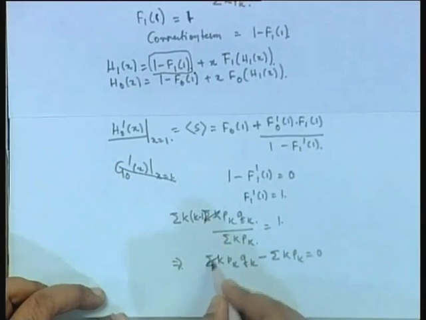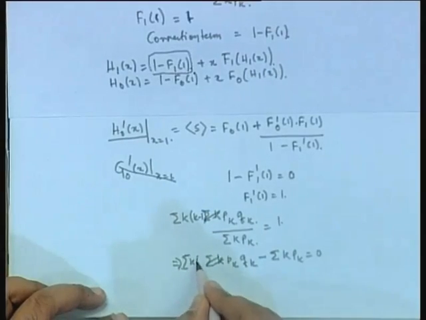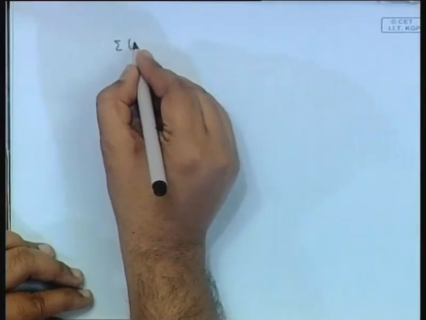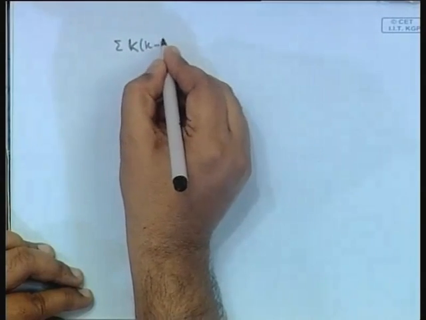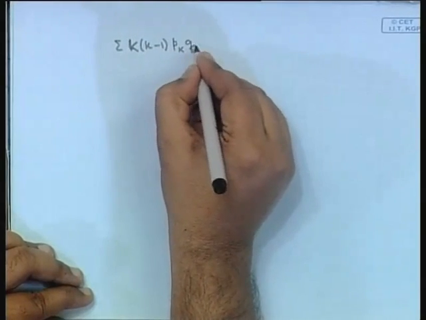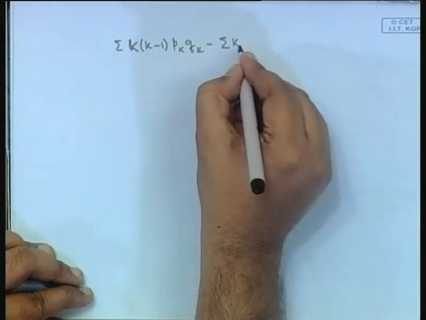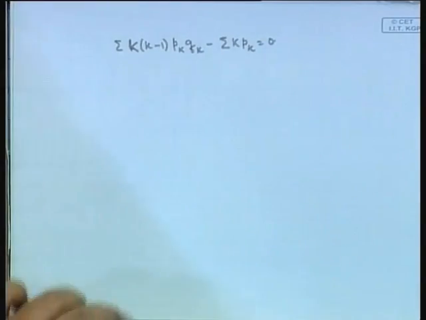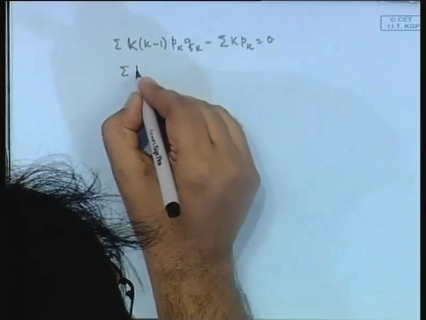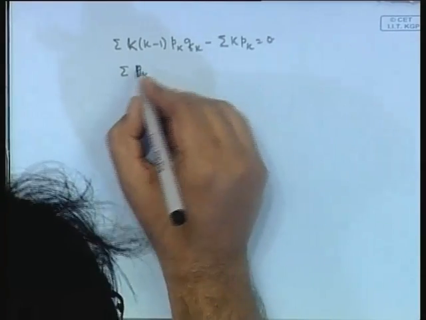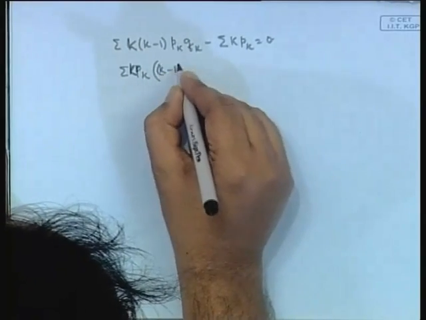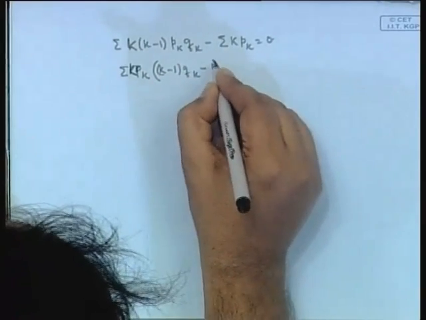So, I write it in a better way: summation of k into k minus 1 pk qk minus summation of k pk equals 0. Agreed? So, k pk will be common, you can see summation of k pk k minus 1 qk minus 1 is equal to 0.